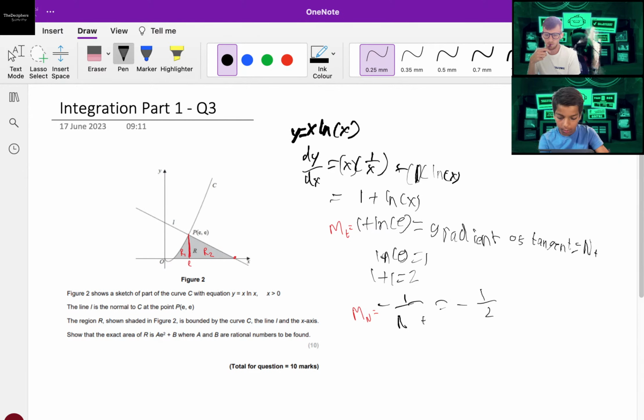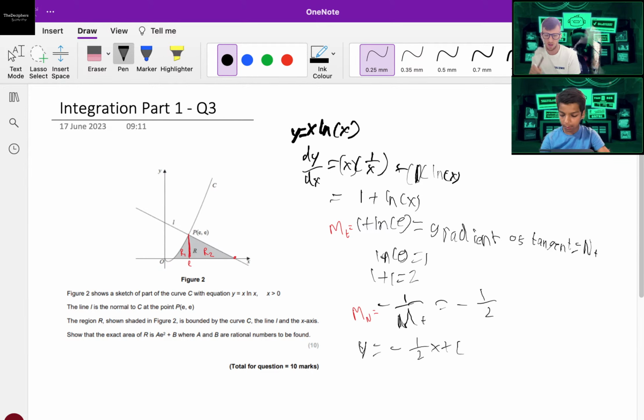So that's minus 1 over 2. And then y is minus a half x plus c.